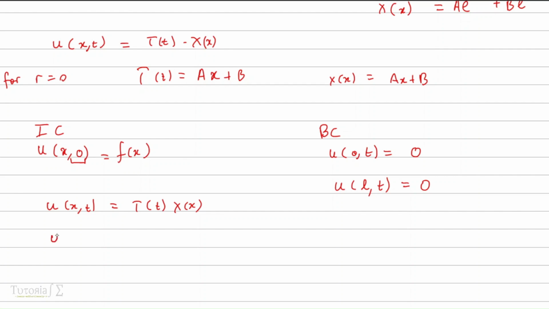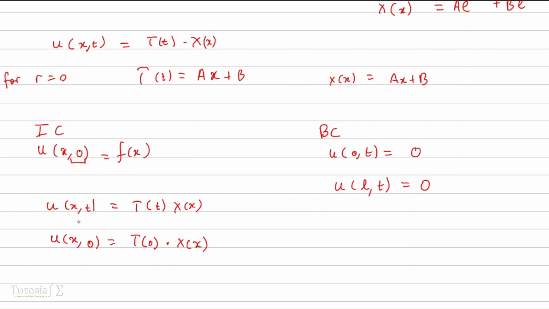So u of x comma 0 will be equal to T of 0 multiplied by X of x. Where there is t, they have replaced it with a 0.